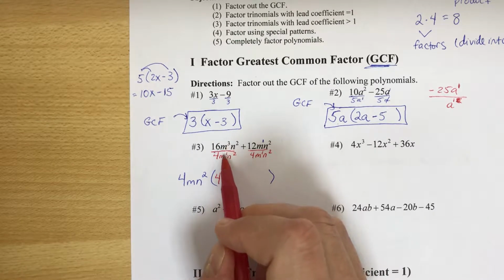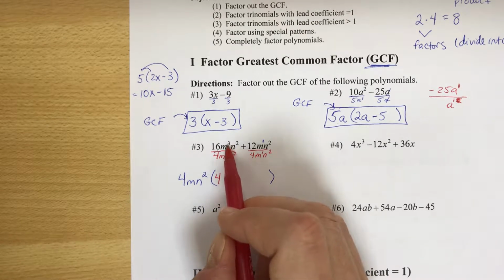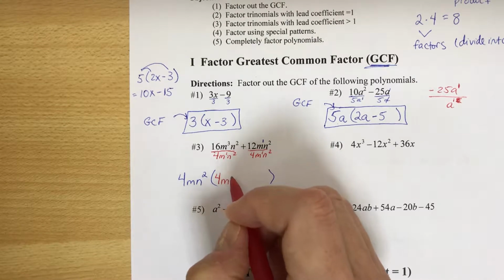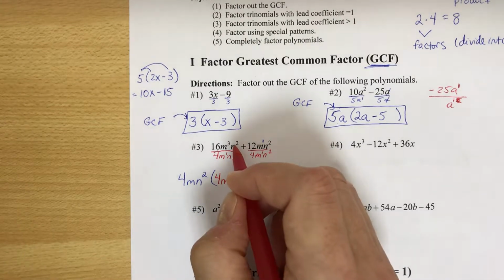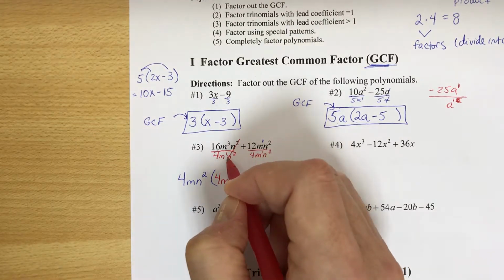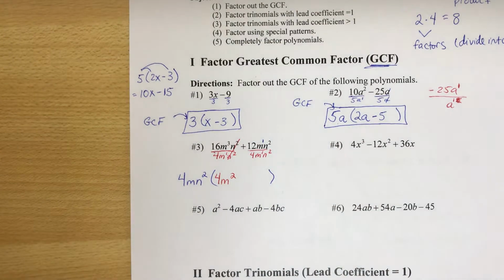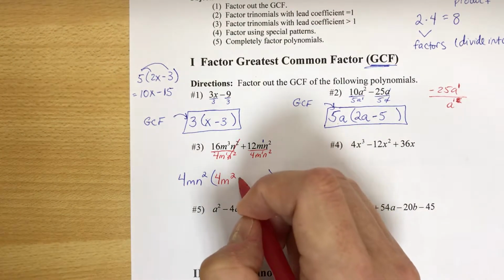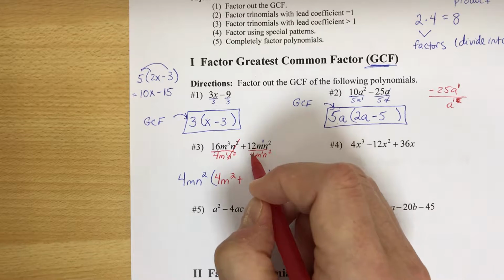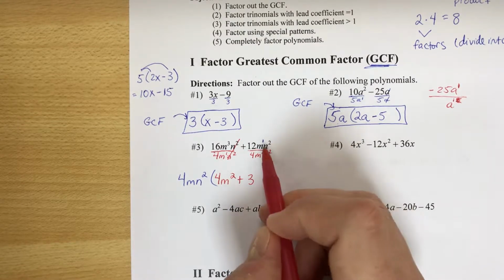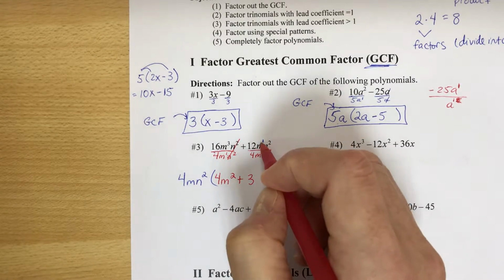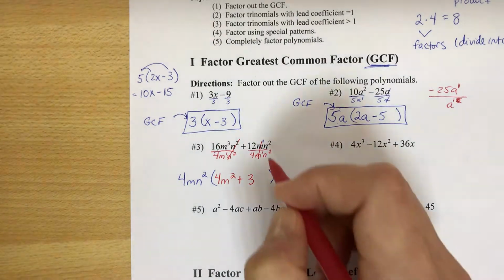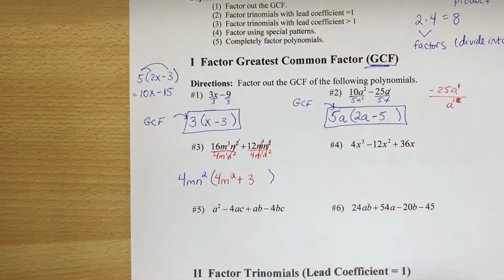M raised to the third divided by m raised to the first, if you subtract that, you get m to the second. N squared divided by itself is 1, so that's going to go. Plus 12 divided by 4 is 3. M divided by itself is 1, so that reduces out. N squared divided by n squared is 1.